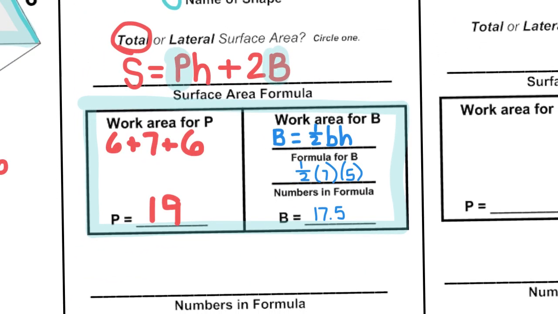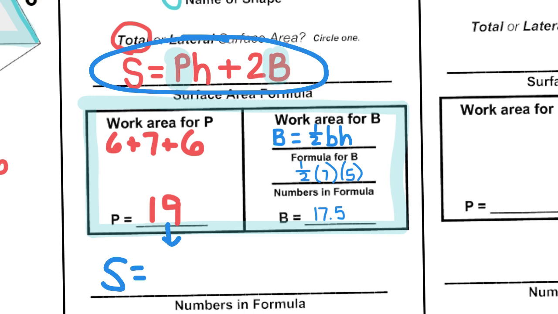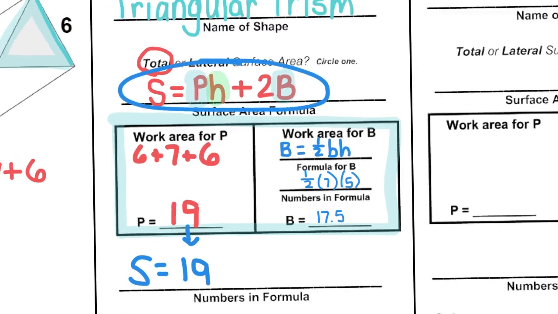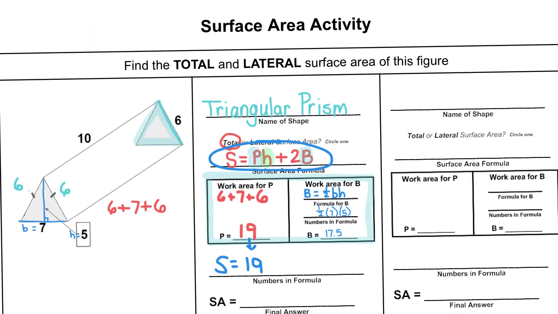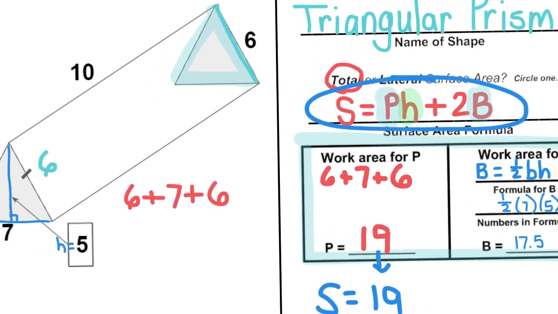Now we're looking back at this formula right here, and we're going to substitute the numbers that we just found. So S equals, the 19 is the perimeter, but the next thing that it asks for is the height. This height is not talking about the 5 that we used here. This height is talking about the line connecting the bases.